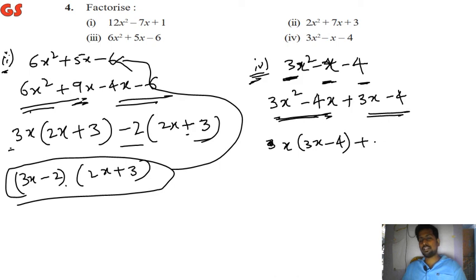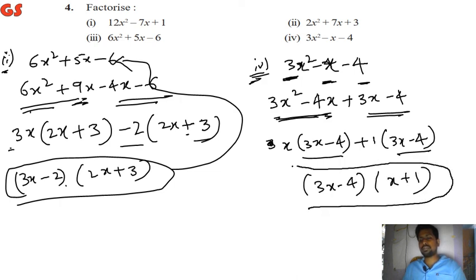Now in the second part also, you just have to write 1 outside the bracket and then 3x minus 4. So we are getting 3x minus 4 as common, then x plus 1. So this becomes the factor of 3x square minus x minus 4. So we are getting the factors of this one. This completes question number 4 of this class.